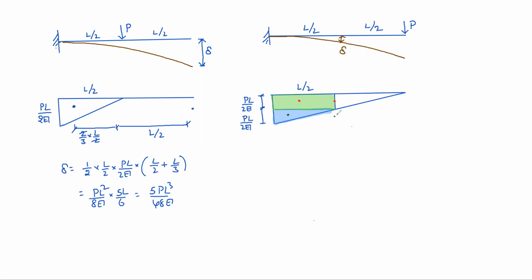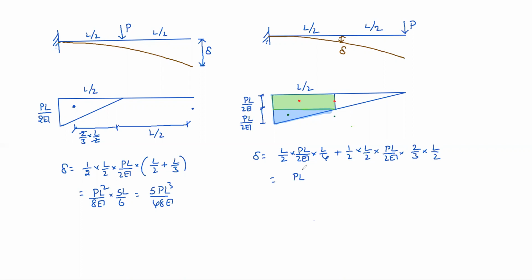Okay, the distances. So finally we find delta equals L by 2 into PL by 2EI, the rectangle, into centroid distance L by 4, plus the triangle, half into L by 2 into PL by 2EI, centroid distance 2/3 of L by 2.